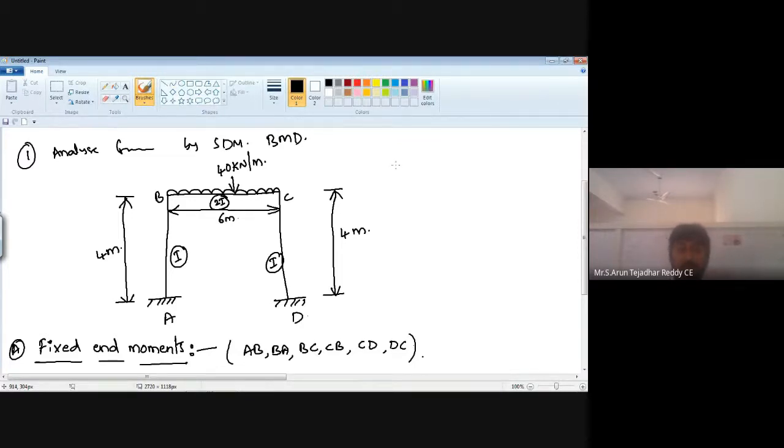We have 4 important conditions. First one is check for symmetrical loading. It means A to B we don't have any load, so no problem. C to D we don't have any load, so no problem.